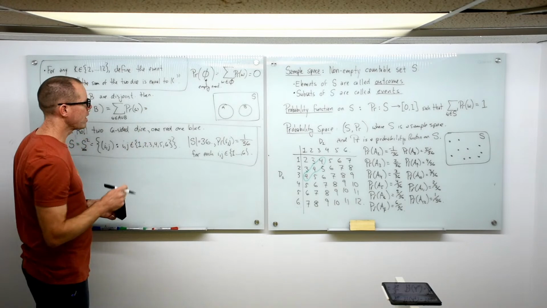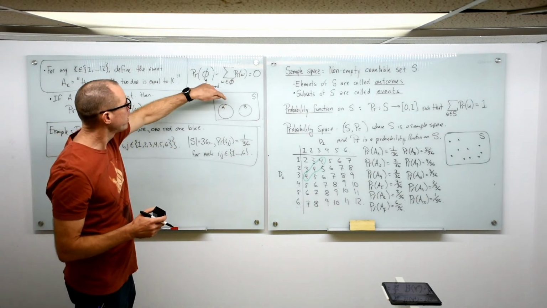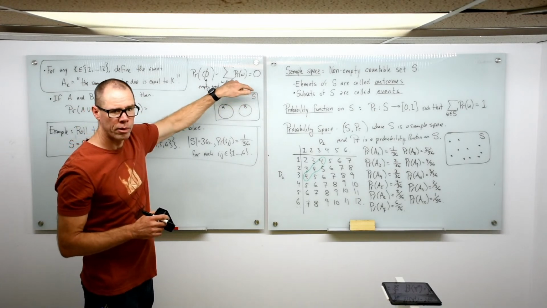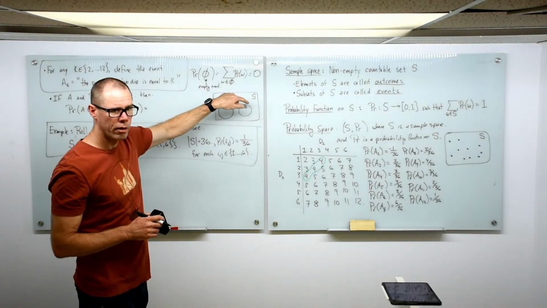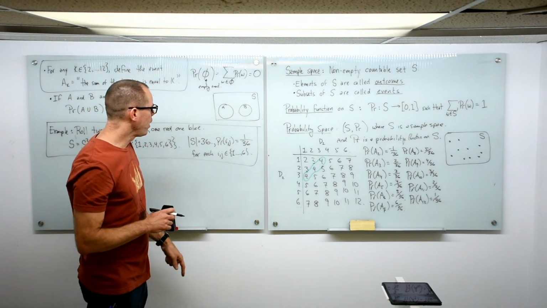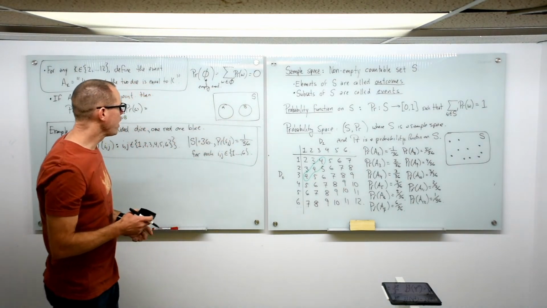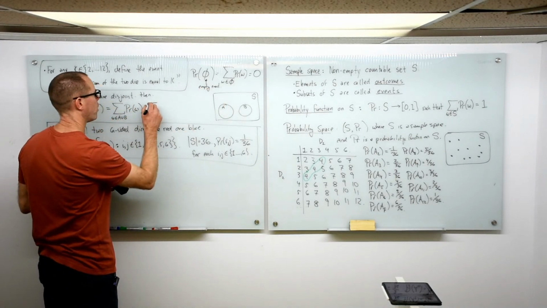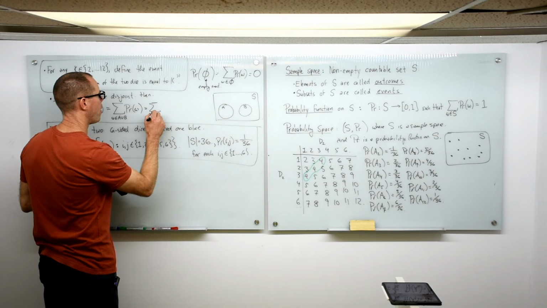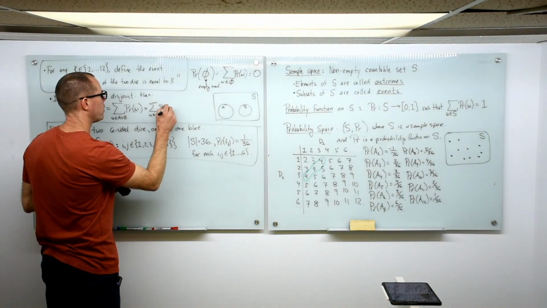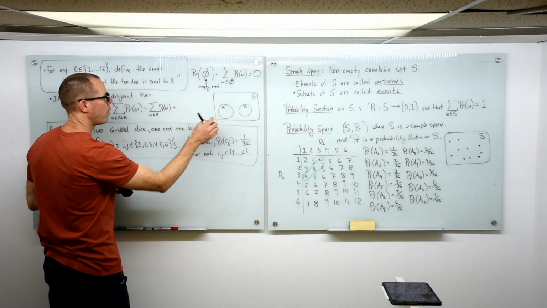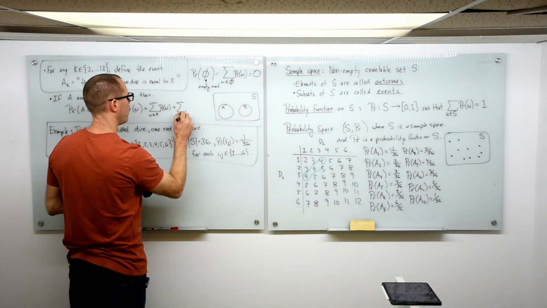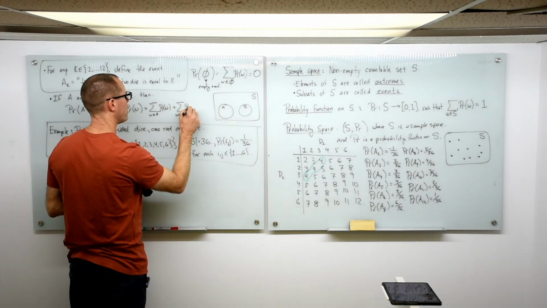But what does that mean? Well, that means we go through A and we add up all the probabilities of the individual things, and we go through B and we add up all the probabilities of the individual things. And since A and B are disjoint, we could go through all of A first and add up the probabilities. And then we can go through all of B and add up the probabilities.